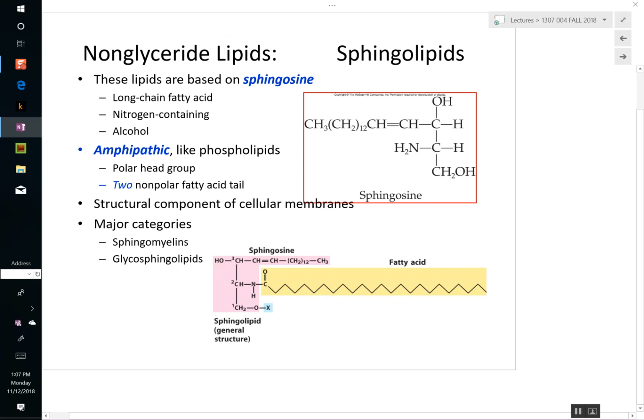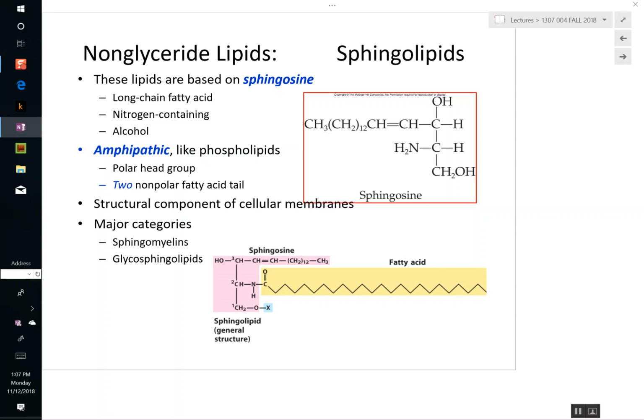When I said phosphoglycerides are essential to the cell membranes of most of the cells in your body, sphingolipids are particularly the molecules used for the cell membranes of your nerve cells. So nerve cells have a particular lipid that is the major component of their cell membranes, and that's sphingolipids.